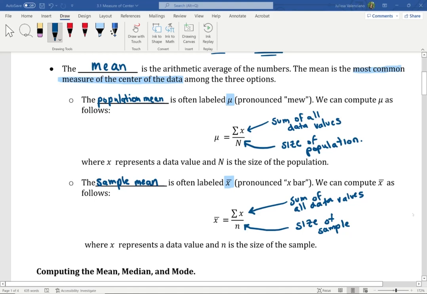Now, if I randomly select, let's say 1,000 students, and I look at their score for the placement test, I take those scores and I calculate the mean, then I have the sample mean. I have x bar. So that is the difference. The way we compute the mean is going to be the same. We take the sum of all data values divided by the number of data values that we have.